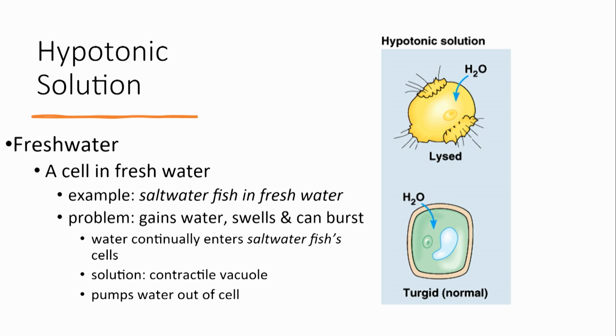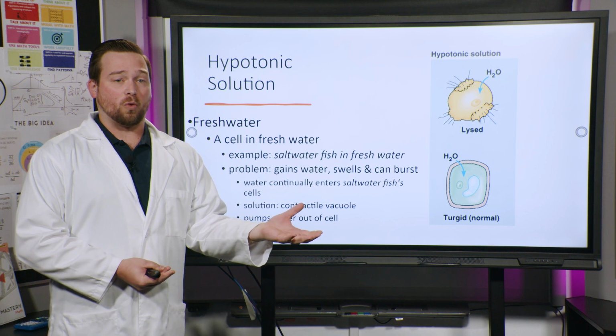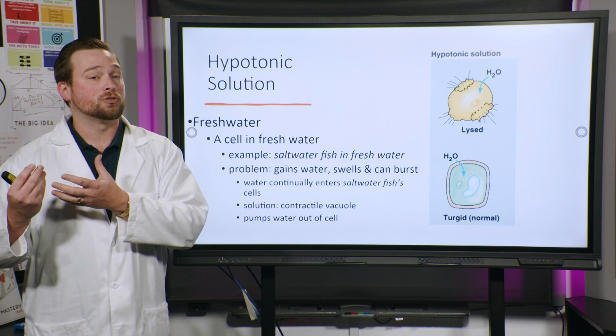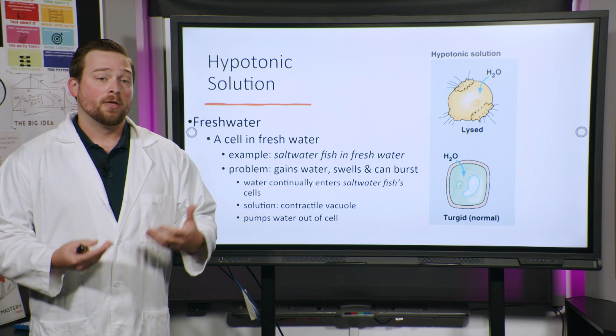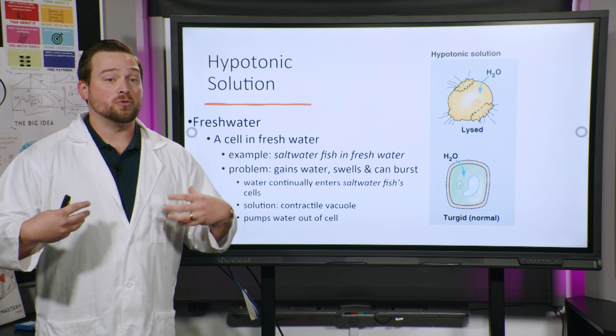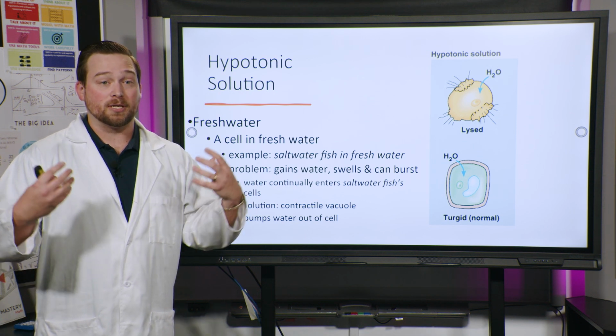So a hypotonic solution, an example of this would be like a cell inside of fresh water. Okay, so think of like you have these saltwater fish. They love living in salt water, but they don't do very well when you start to move them into fresh water. The reason for this is that they're used to being in a very, very salty environment.